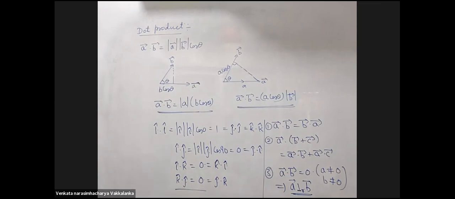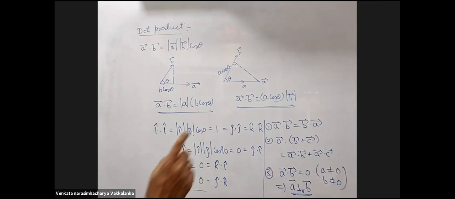So what are the properties called, numbered 1, 2, and 3? Commutative law, associative law, and the third is not a property. There's no name for it.